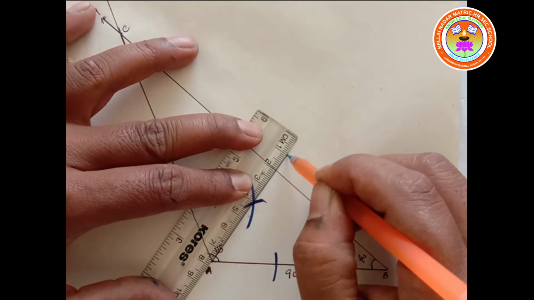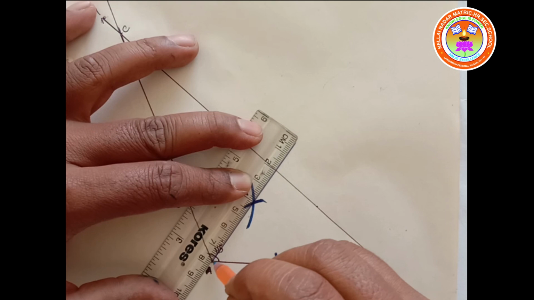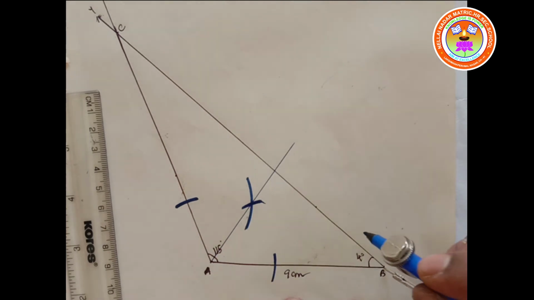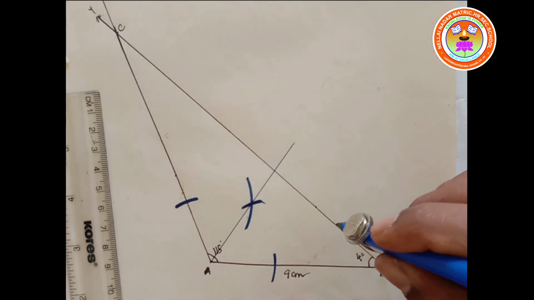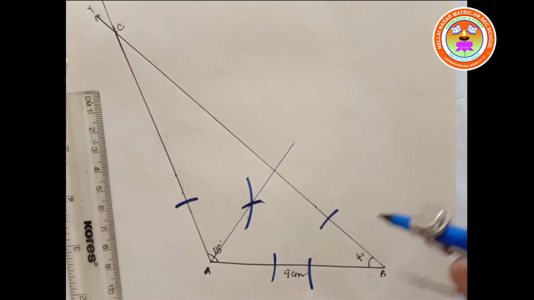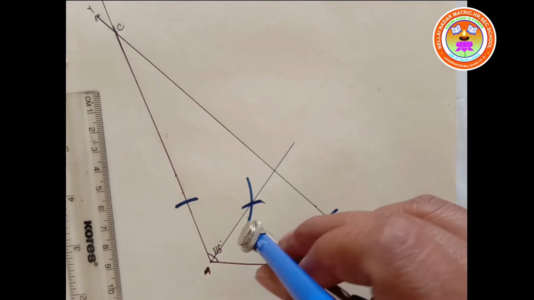It's clear children. And same way from B, take any radius. Again from here.